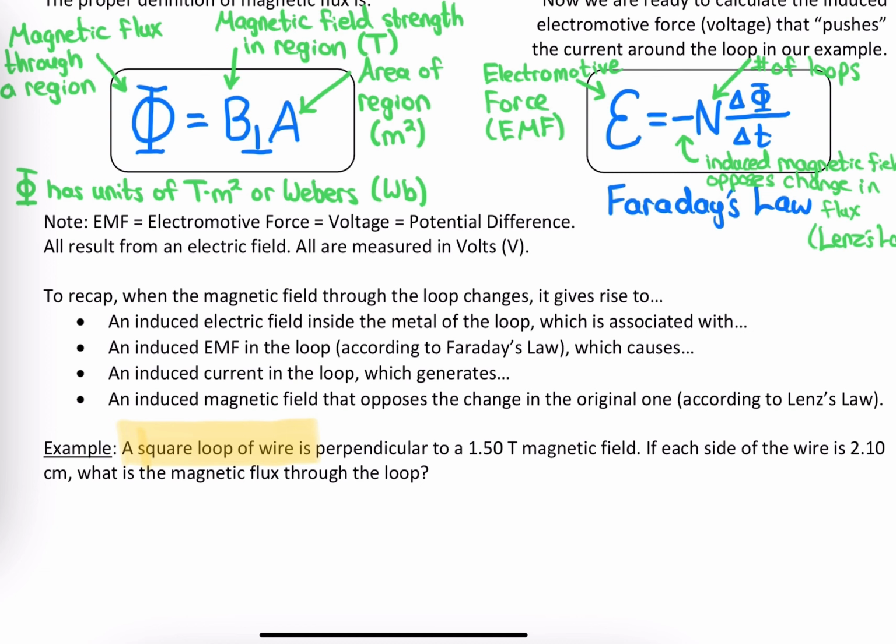If each side of the wire is 2.1 centimeters, what is the magnetic flux through the loop? So let's see if I can draw this out. I have a square loop of wire. And it's perpendicular to a 1.5 Tesla magnetic field. So let's draw that magnetic field out like this.